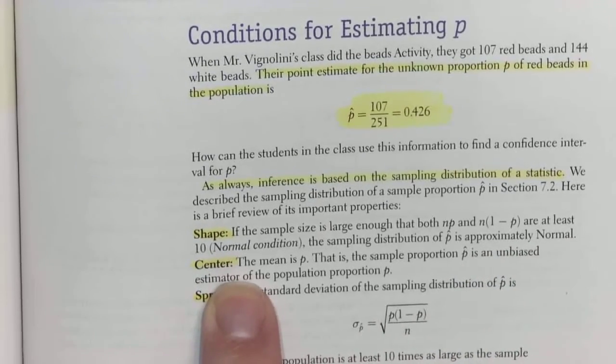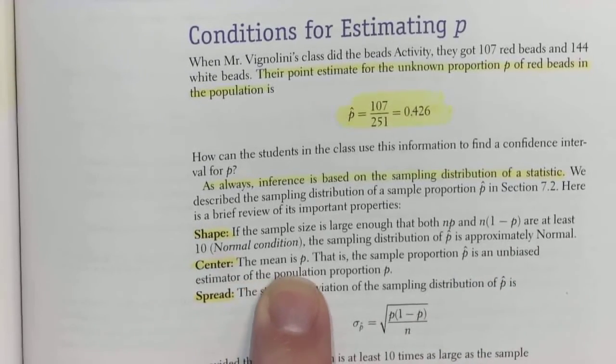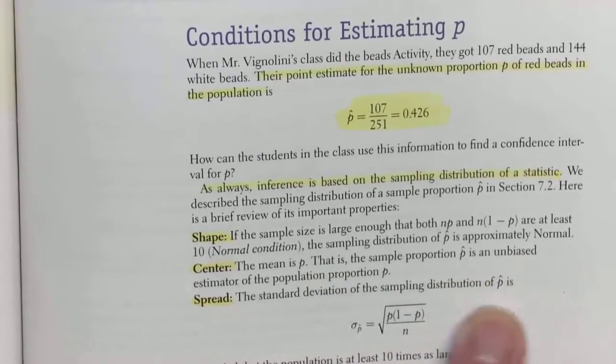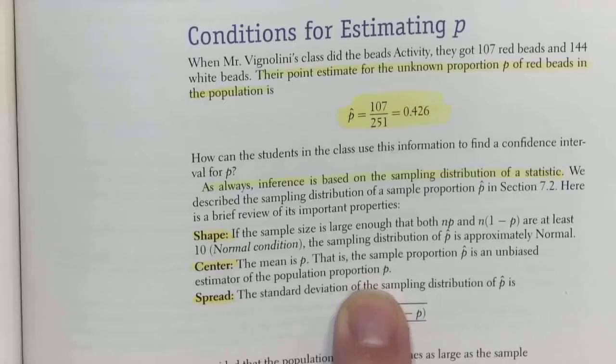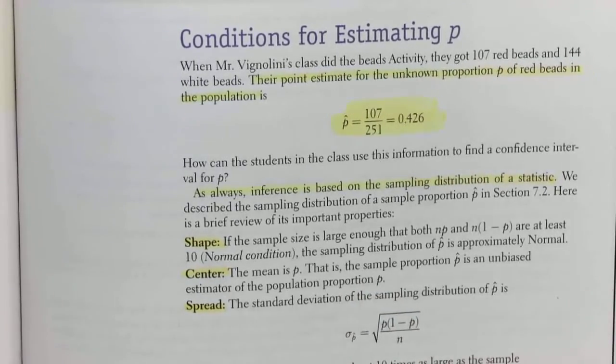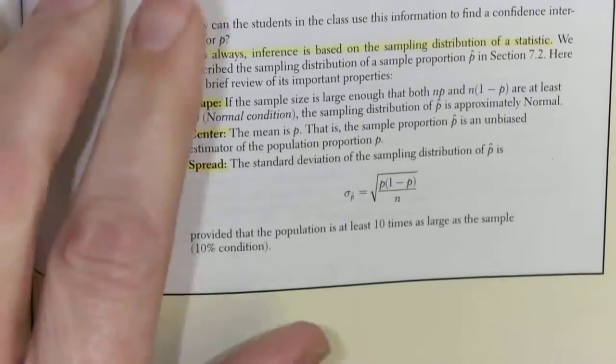The center, the mean, is p. The center of it will be your point estimator. That is, the sample proportion p hat is an unbiased estimator of the population proportion p. Okay, and then the spread, and how to find the standard deviation for your sample.